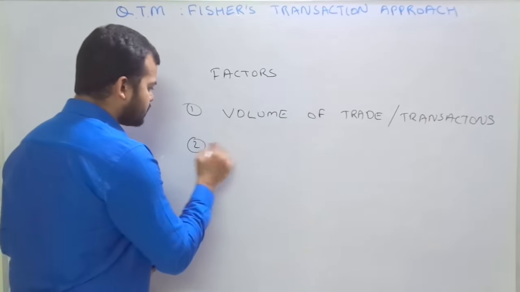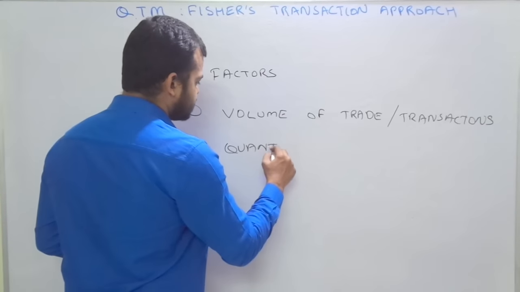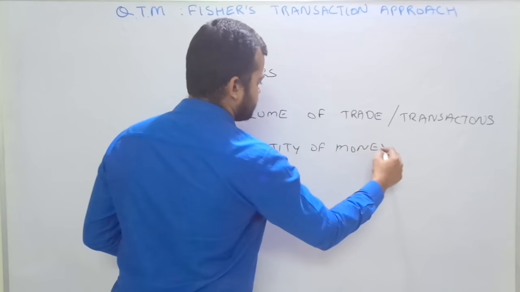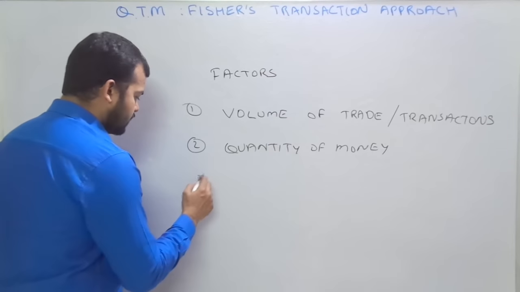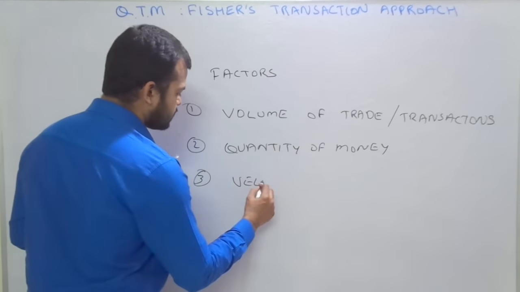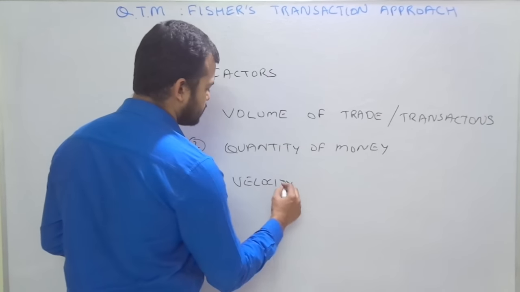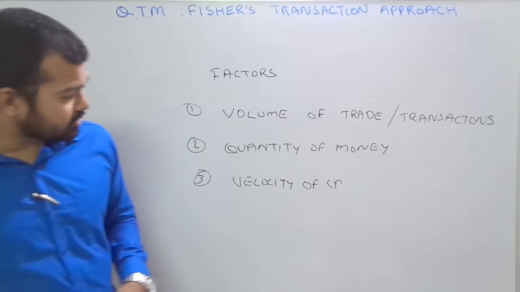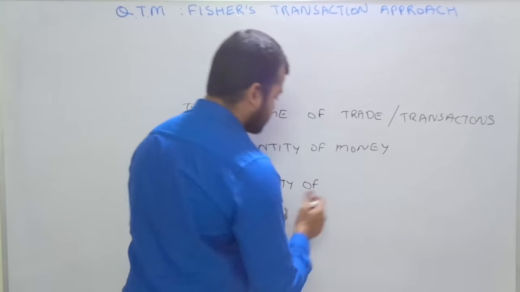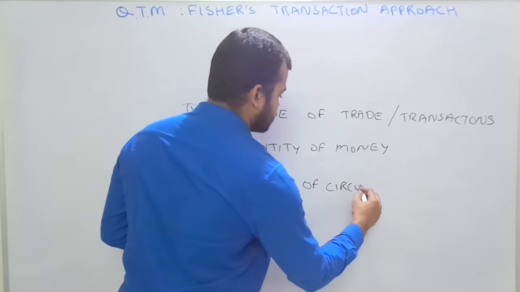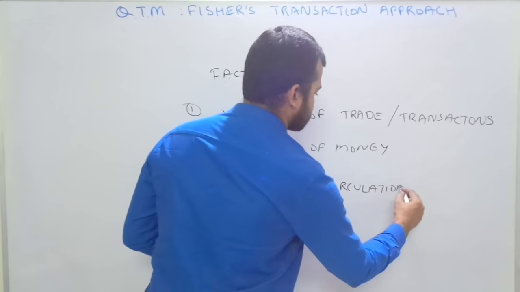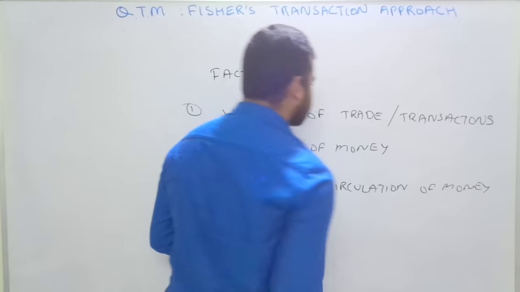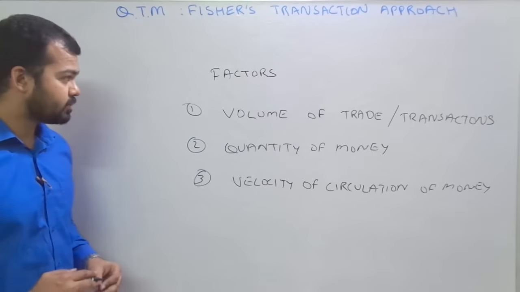Second one, quantity of money in the economy. Third one, the most important, velocity of circulation of money. Here we'll discuss these three most important points one by one.